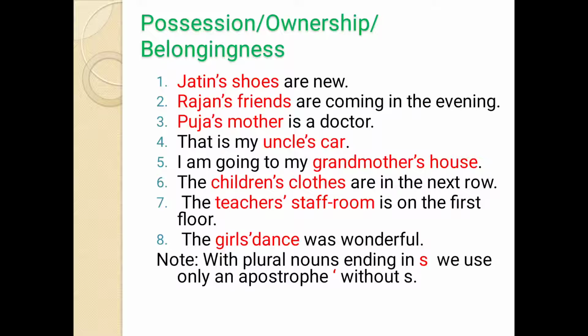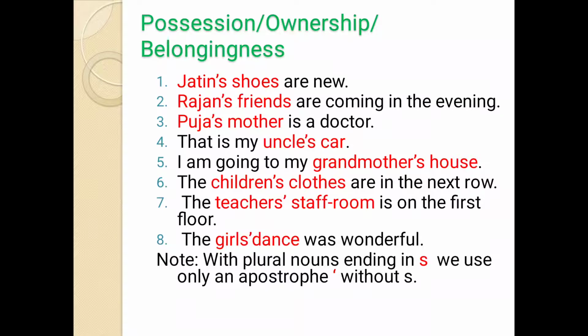The children's clothes are in the next row. Here the clothes belong to children. The teachers' staff room is on the first floor. Staff room belongs to the teachers. The girls' dance was wonderful. Here the dance belongs to the girls.